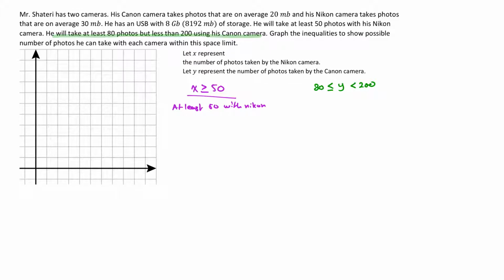The final set of information, I will highlight this one with blue, is about the storage itself. Each photo coming out of the Canon is an average of 200 megabytes, the Nikon camera is 30 megabytes, and the USB has this many megabytes.